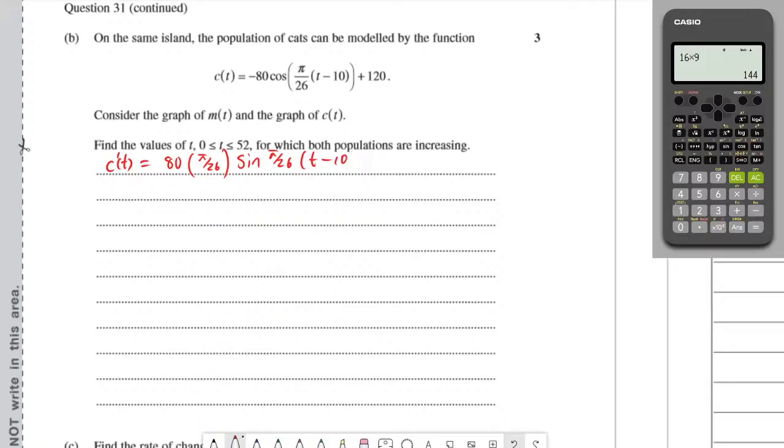Okay, and for when both populations are increasing, when is this guy greater than 0 for increase?